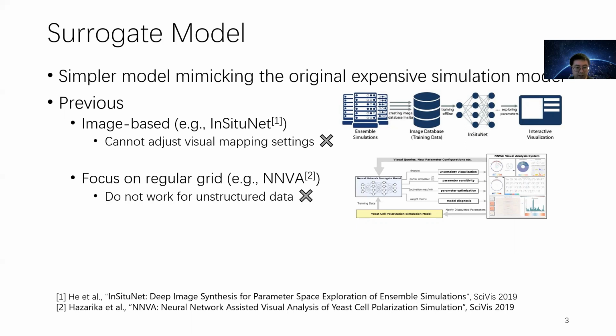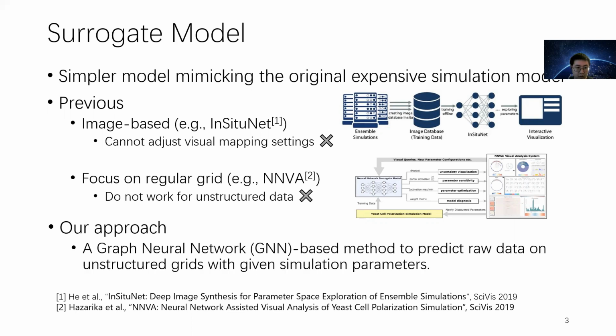Second, existing regular grid-based methods do not directly work for unstructured data, since they would learn the mappings between the simulation parameters and the raw simulation data on regular grids. In this work, to solve the two limitations mentioned above, we present a graph neural network, GNN-based method to predict the raw data on unstructured grids given simulation parameters.